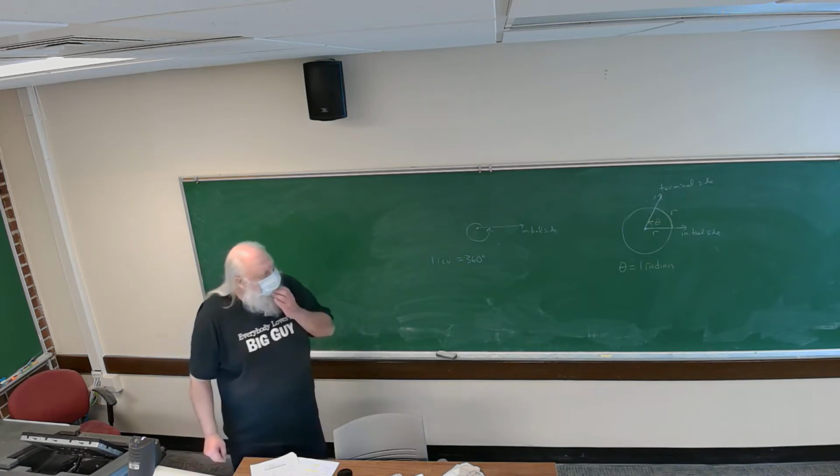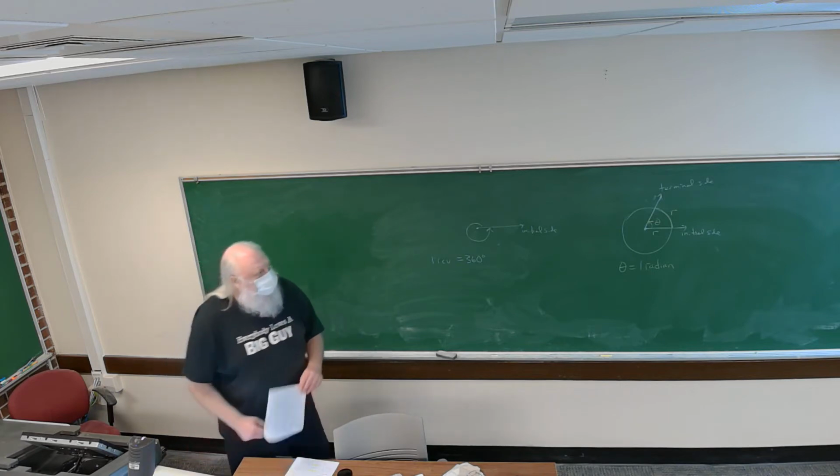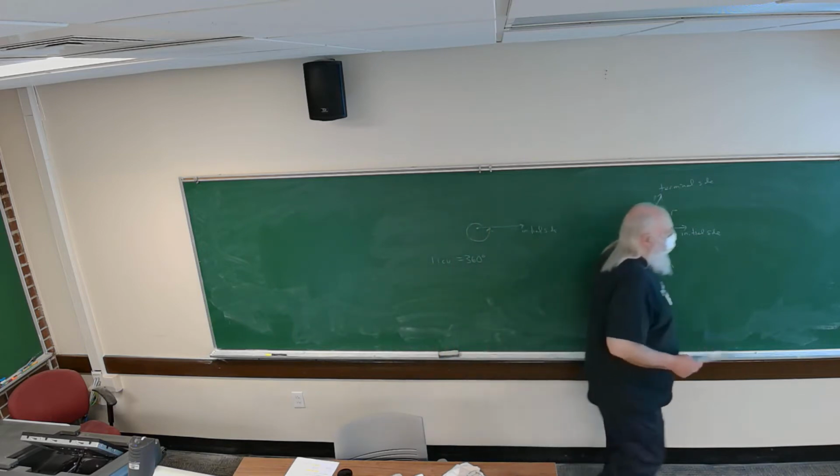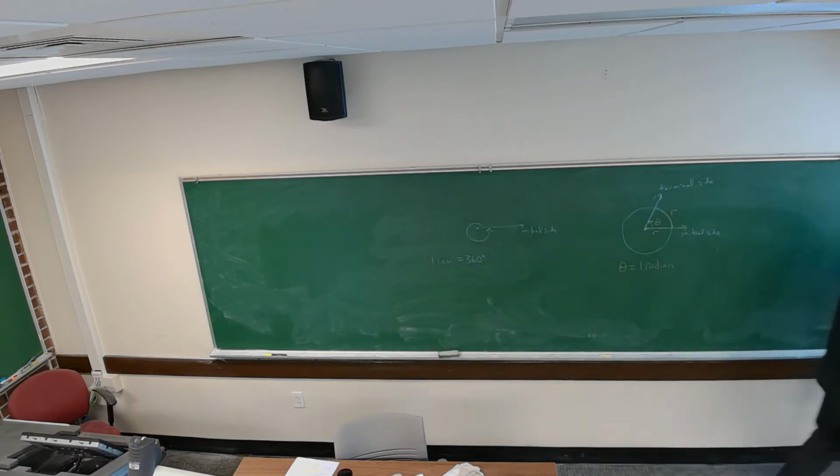We have that same convention for angles in radians. If they're drawn counterclockwise, they're positive, and if they're drawn clockwise, they have a negative sign.